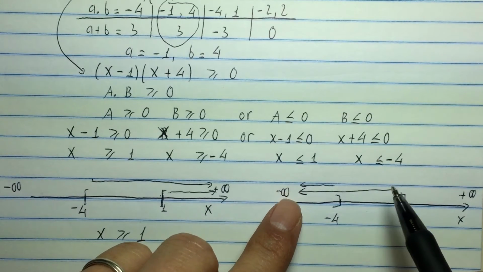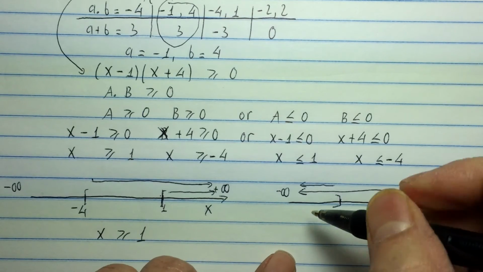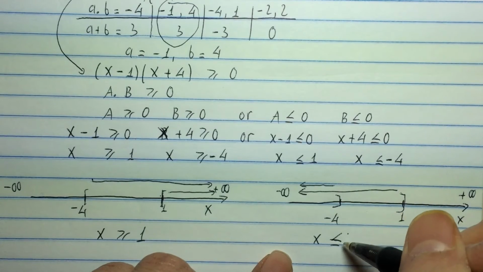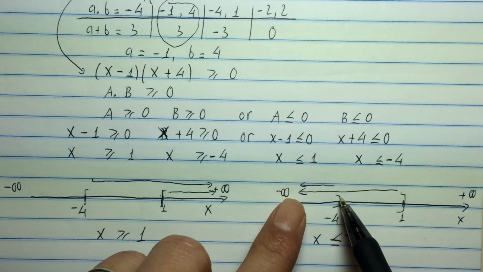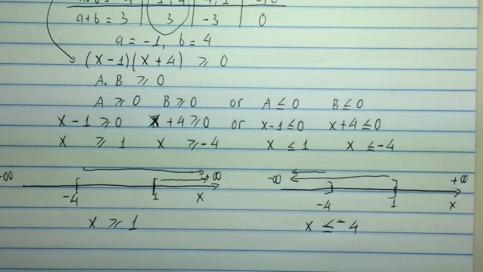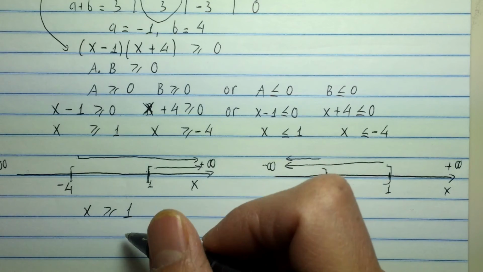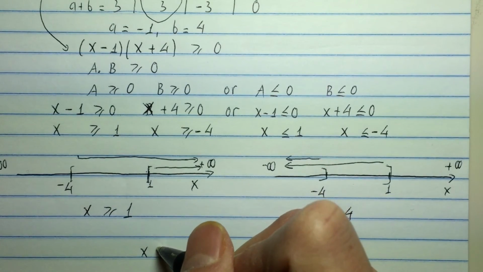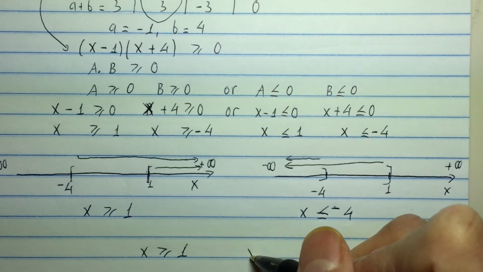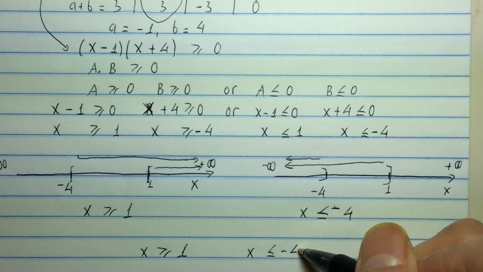So if you combine them together, x less than or equal to minus 4 satisfies both conditions. Example, x equals minus 5, minus 5 is less than 1 and minus 4. So now I combine both cases together. My final solution is x bigger than or equal to 1 or x less than or equal to minus 4.